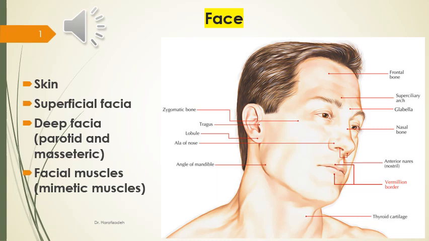Now we can start the anatomy of the face. At first, we should talk about the boundaries of the anatomy of the face. From above, it is the hairline of the skull, from below the lower border of mandible, and on the sides the line that runs in front of the tragus of the ear.